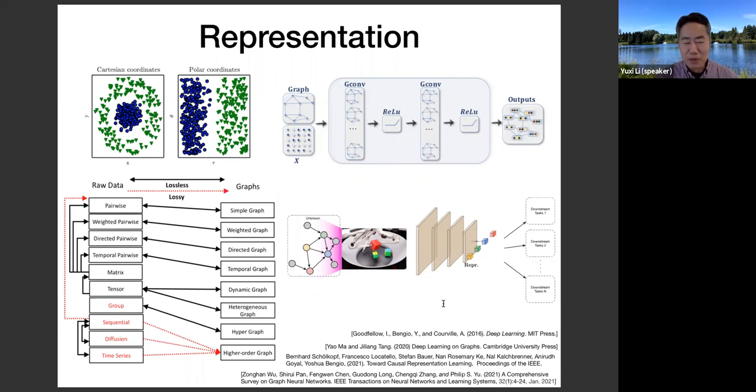If we can use some disentangled representation using causal inference, then this kind of representation can help the downstream tasks to learn more efficiently. So representation is still a big issue and a big challenge, but we are making great achievements in this direction.